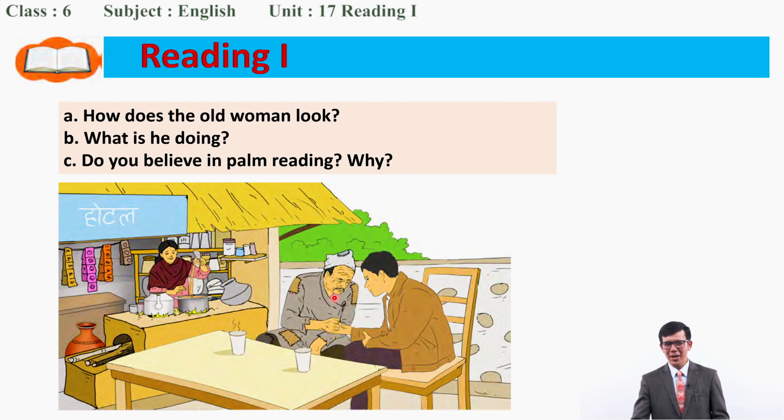How does the old man look, please tell me? How does he look? How old is he in your guess? Okay, maybe 70, 60 plus, okay? And look at what kind of dress he is wearing. Oh yes, Nepali dress, daura suruwal, okay? Topi, right?